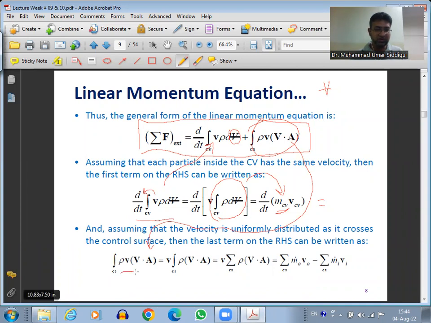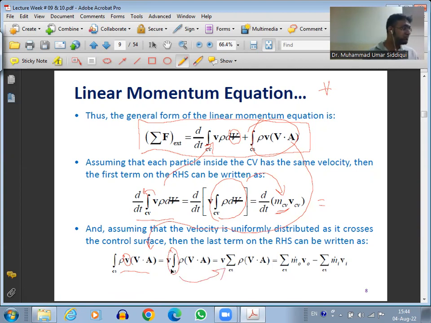Again, this velocity is now constant, so it can come out of the integral. So it becomes rho V dot A integral.